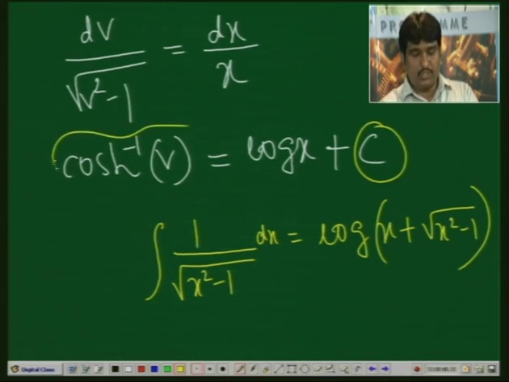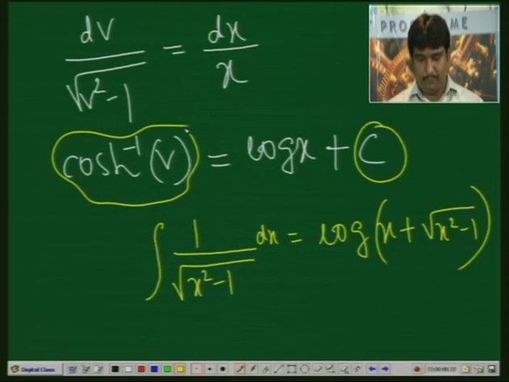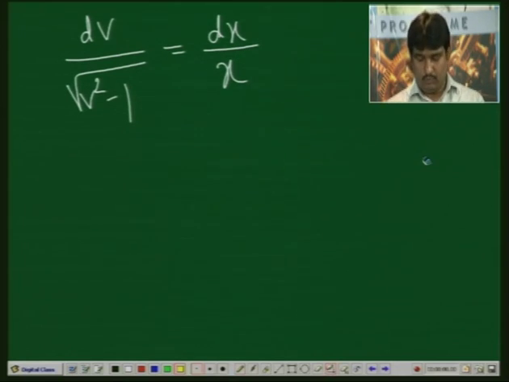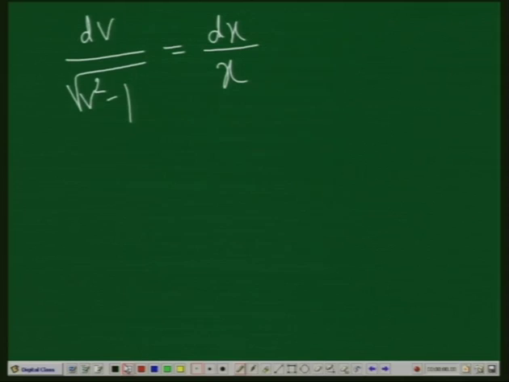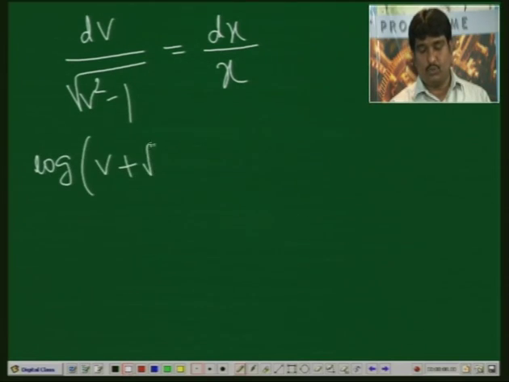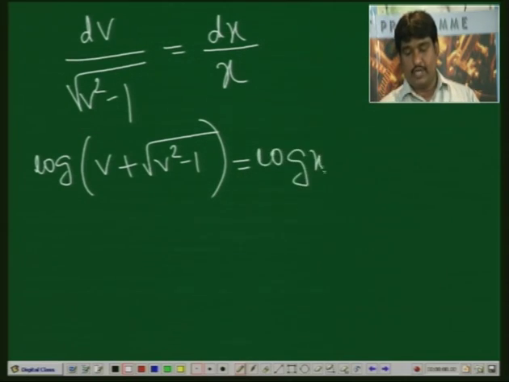So, I will not use cos hyperbolic inverse v formula here. I will express dv by root of v square minus 1 in terms of log. The alternate formula, integration of 1 by root of v square minus 1 is log of v plus root of v square minus 1, and that is equals to integration of 1 by x is log x plus some arbitrary constant log c.